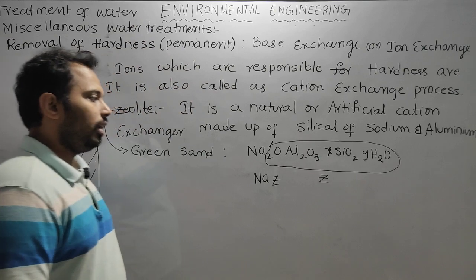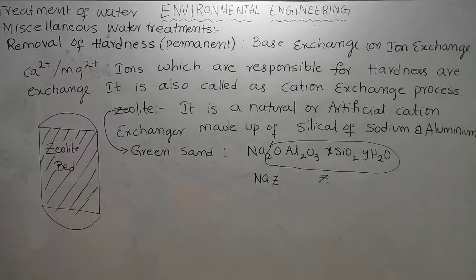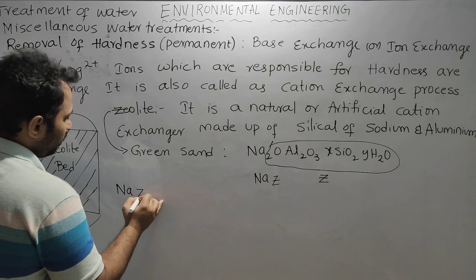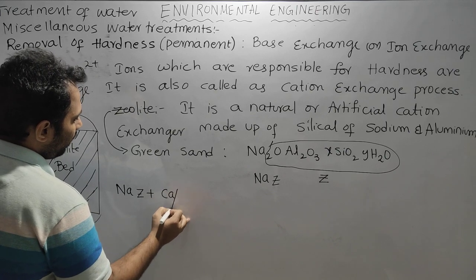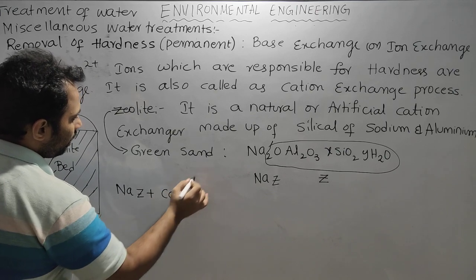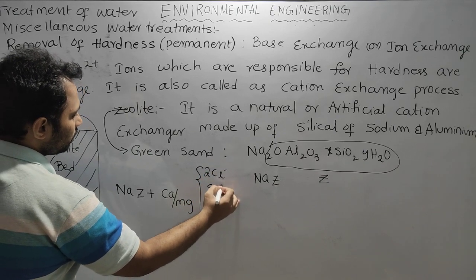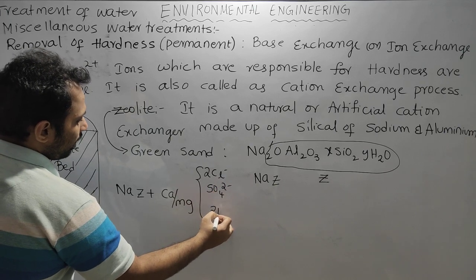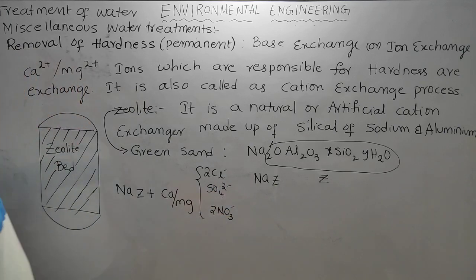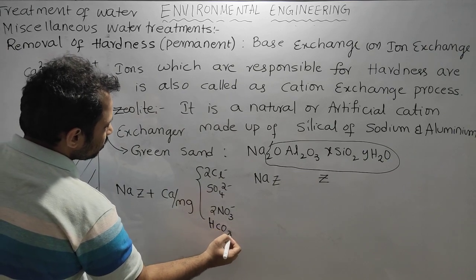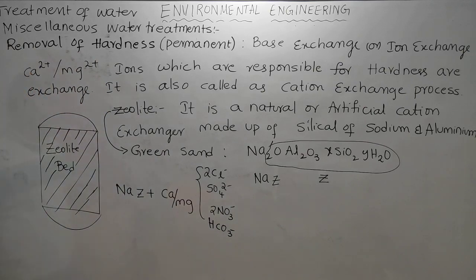When this NaZ reacts with calcium or magnesium's permanent hardness causing compounds, that is 2Cl minus, SO4 2 minus and 2NO3 minus, any of the material, or HCO3 minus, any material which is present in the form of calcium and magnesium.